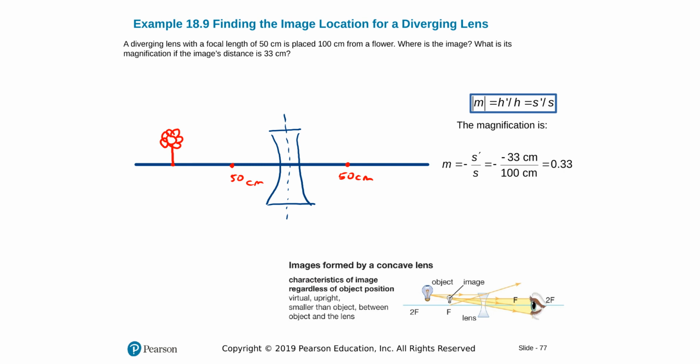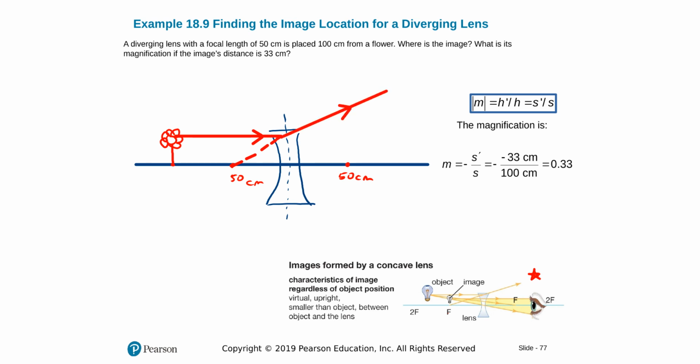It's very easy to guess what's going to happen here because there's only one situation. The image is always in between the focal point and the lens, in between the lens and the object, and smaller than the object. But let's send our rays, right? I'm going to send a ray parallel, and this ray will refract in a way that its extension is passing from the focal point.